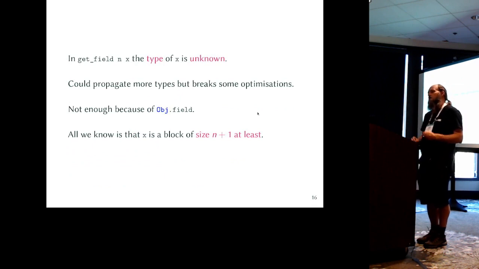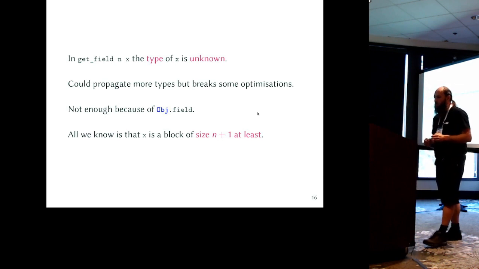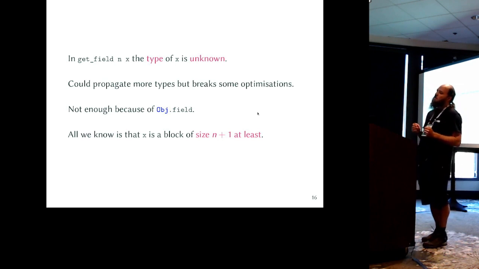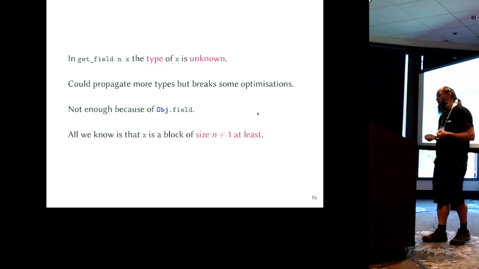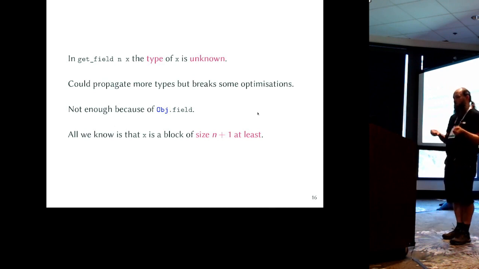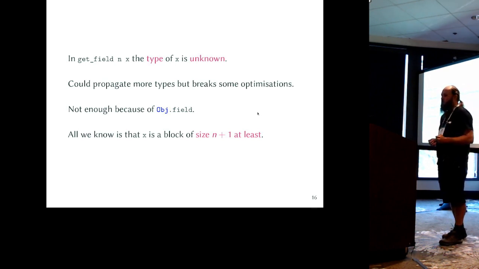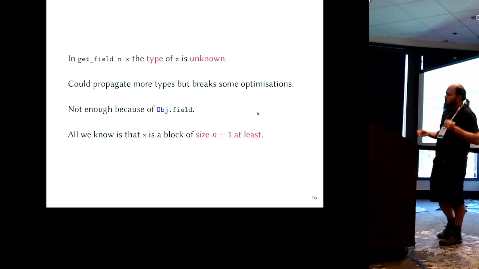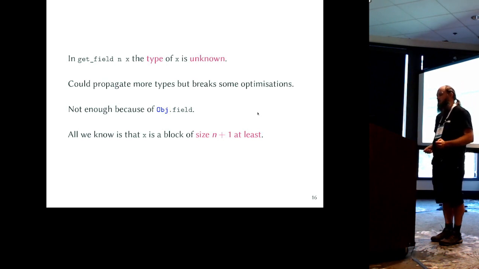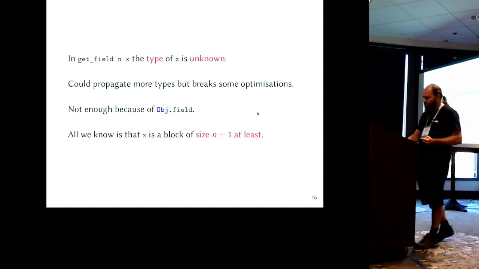So, something about the type representation. Yes, there is Obj.magic that makes everything troublesome. But also, when we access a field, we don't exactly know the type, the size of the field we access. We just know that when we access the field n of a value, then it has n+1 fields at least, but not much more.